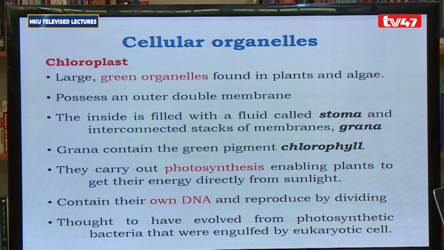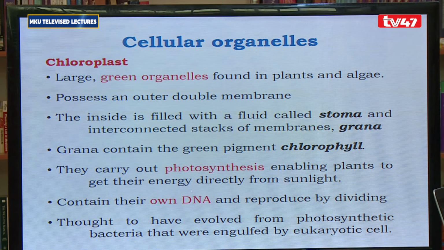So next we have another organelle called the chloroplast. Chloroplast is only found in plants and certain algae. We have heard of the green algae. It is a green organelle and it is large. It also possesses a double membrane, and inside the chloroplast would be the fluid substance we call the stroma.